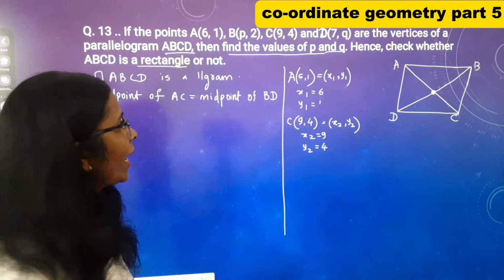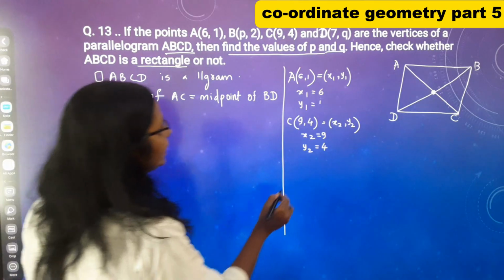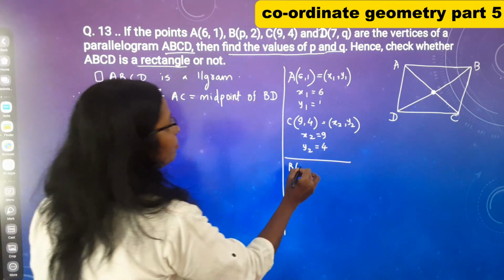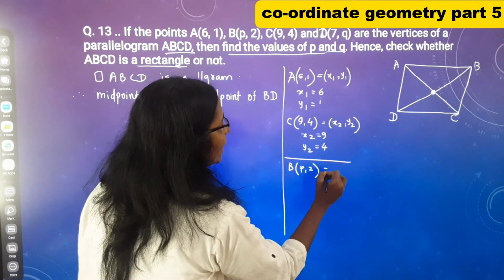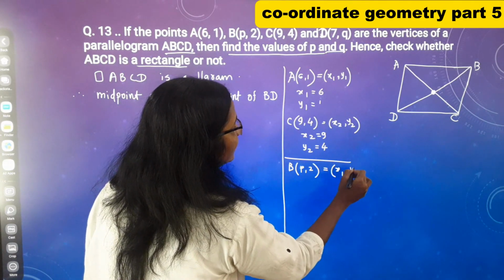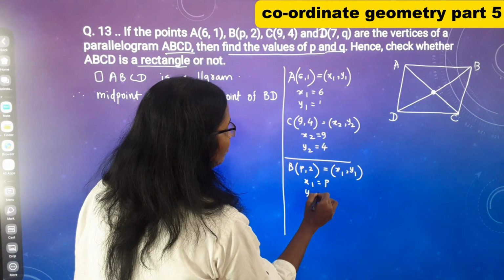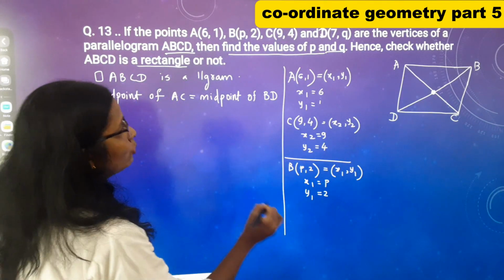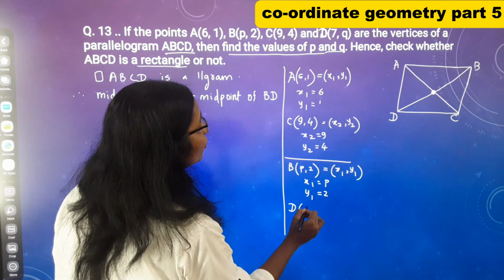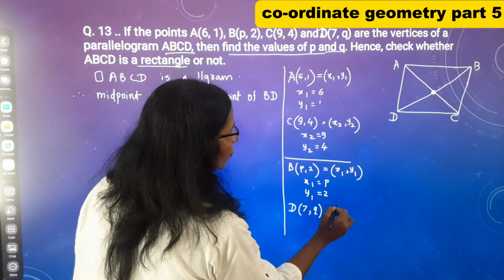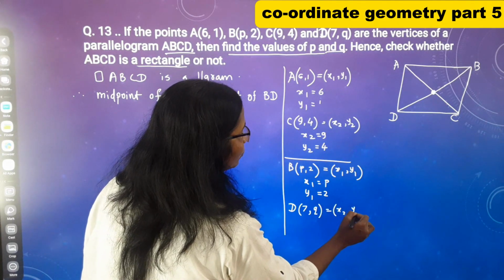Okay, students, and then for BD, the coordinate of B is (p, 2), consider as x1, y1, so x1 is equal to p and y1 becomes 2. Now D, the coordinate of D is (7, q), so consider as x2, y2.